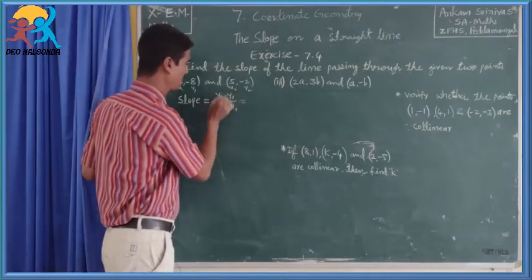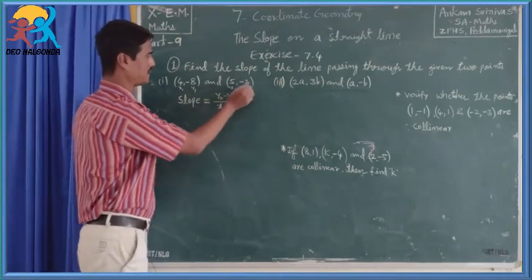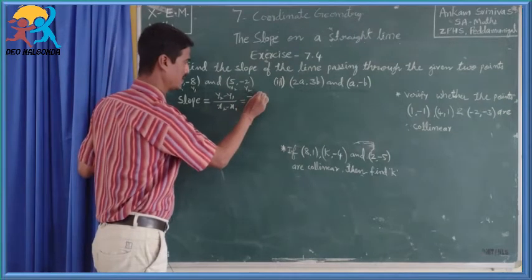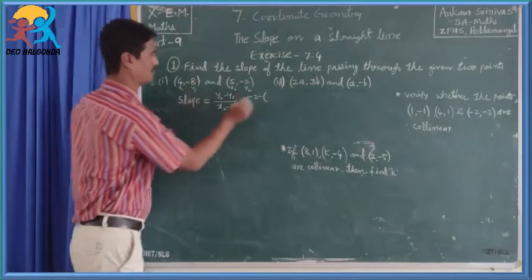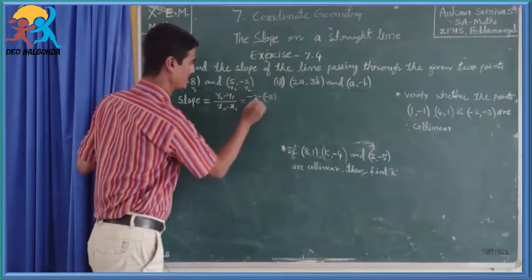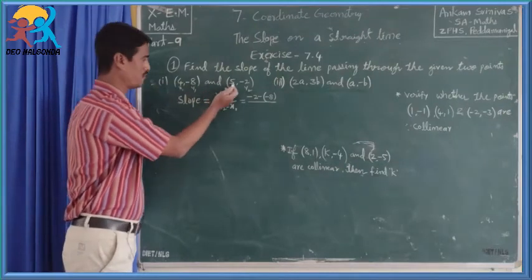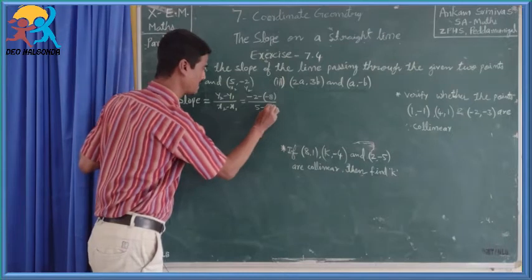Now y2 minus y1, the difference of the second coordinates: y2 minus y1, minus 2, minus of y2 minus y1, minus 8 by x2 minus x1, that is 5 minus 4.